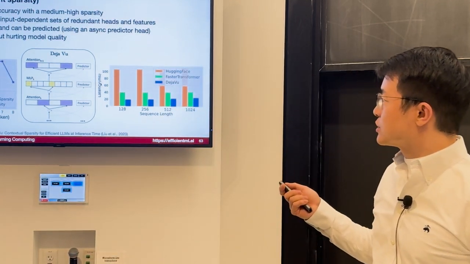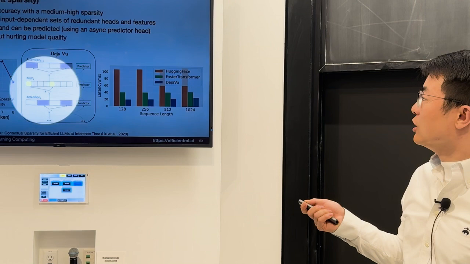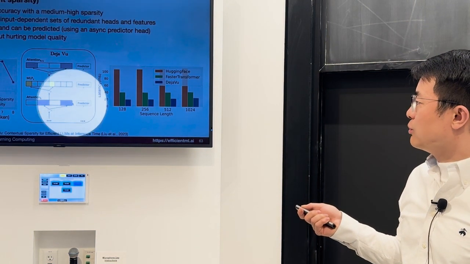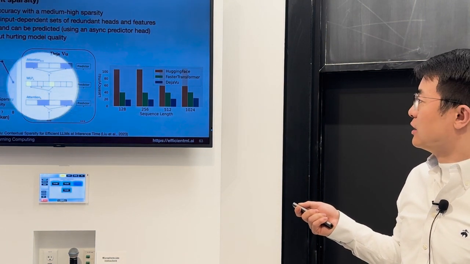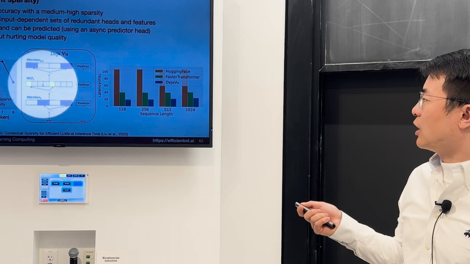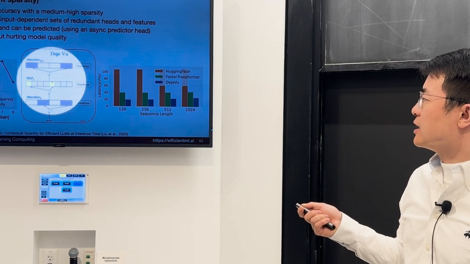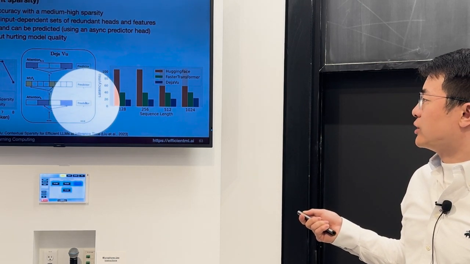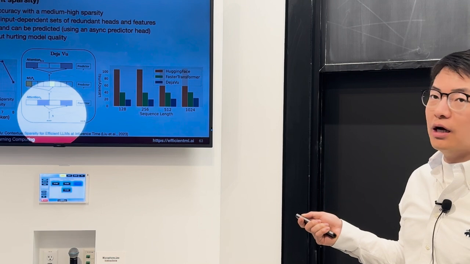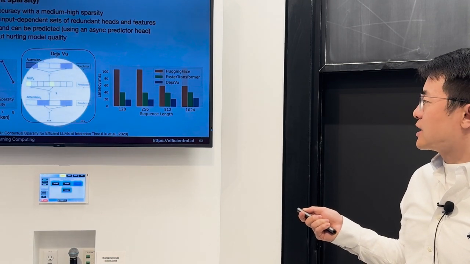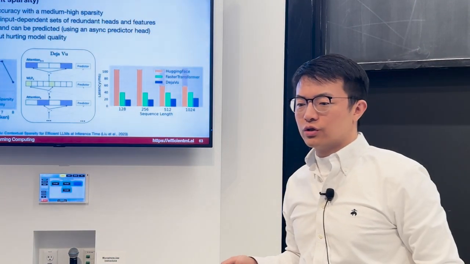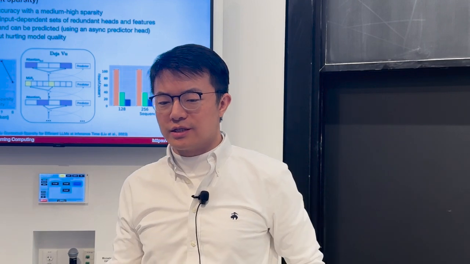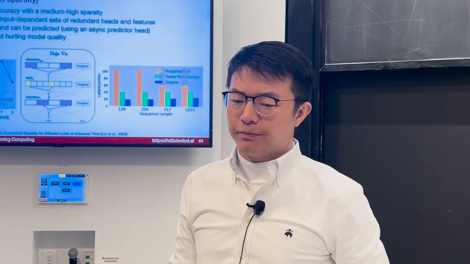So we can train a predictor to predict which attention head is useless and which dimension of the MLP layer is useless. We train such a predictor using the previous layer to predict for the next layer which dimensions are useless. We can safely remove those.